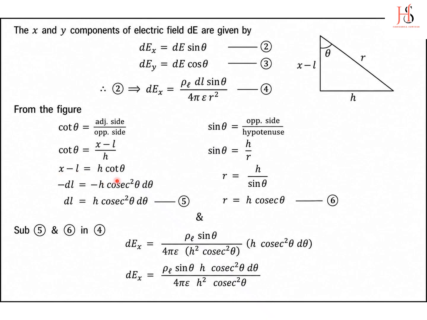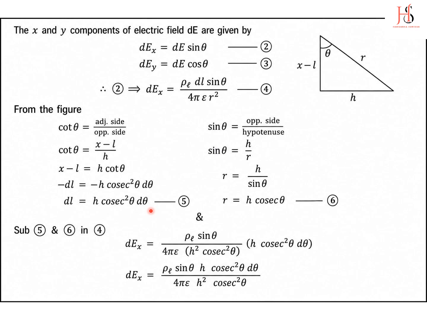Now differentiate with respect to L: minus dl is equal to h into the differentiation of cot theta, which is cosecant square theta into d theta. Since the minus sign is on both sides, we can write dl is equal to h cosecant square theta d theta.